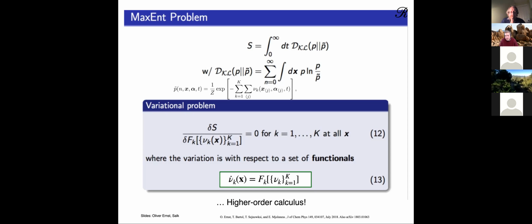It's an unknown functional. So S becomes a functional of a functional, and that's a sort of higher order variational calculus problem, which we'll try to get rid of by putting in parameters for everything. But in principle, that's the machine learning problem, is to learn the Fs so that you get a good approximation in the probability distributions.